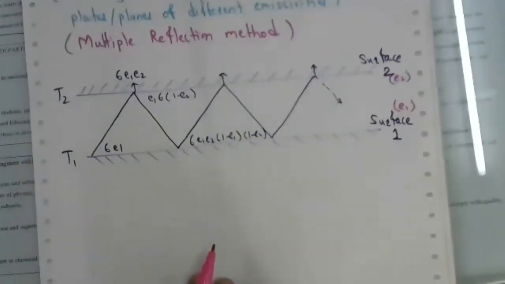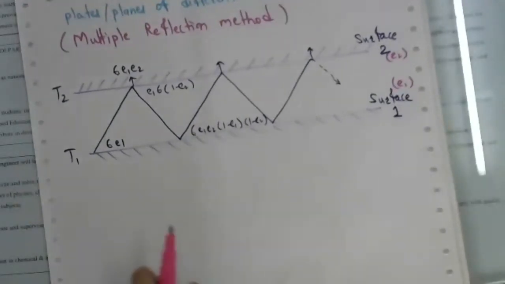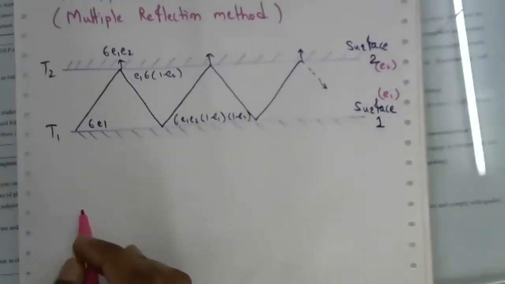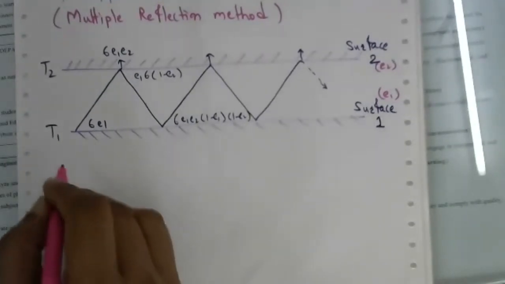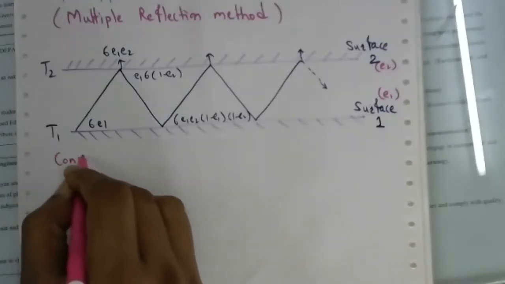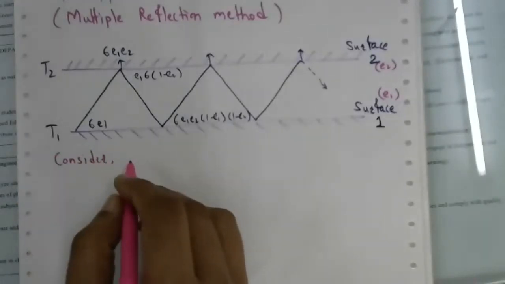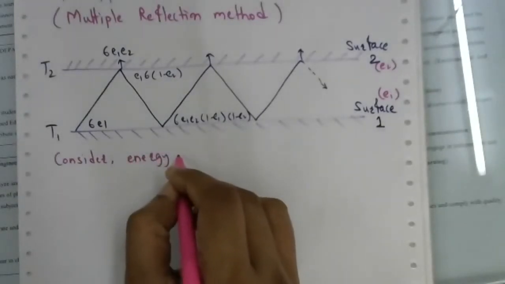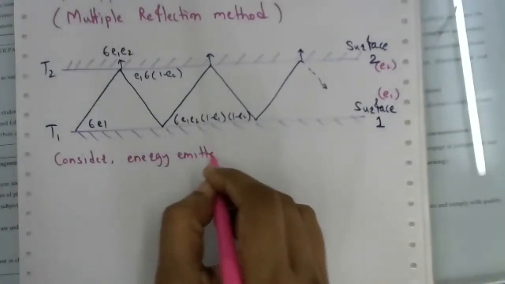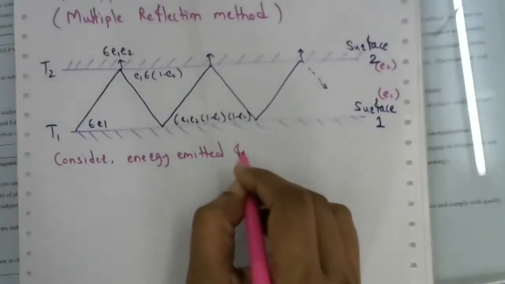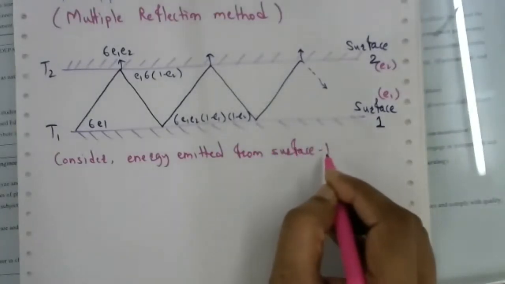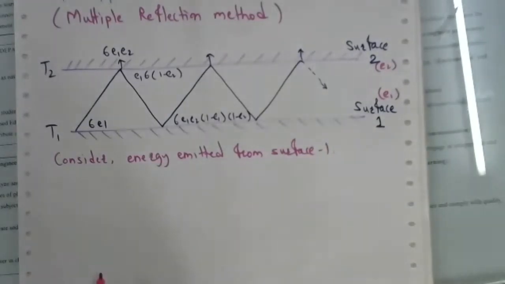Consider the energy radiated or emitted from surface 1, per unit area per unit time.